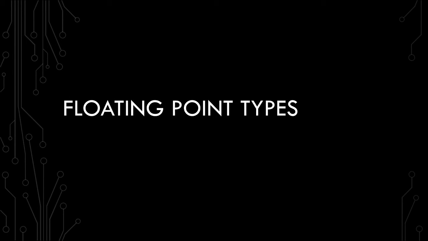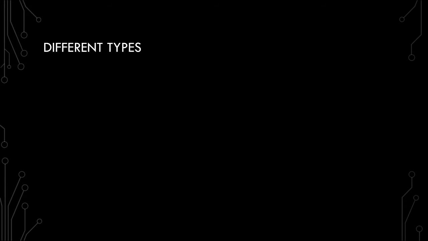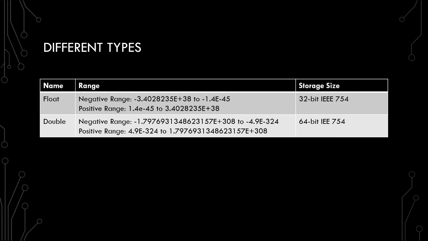So this brings us to our floating point types. The different types for our floating points are floats and doubles. Currently, you have both a negative range and a positive range. These ranges go into the accuracy of your decimal notation. The float has a 32-bit IEEE 754 standard for the storage size.